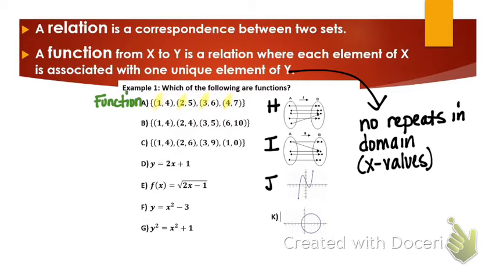What would you say for B? Yes or no? So let me go ahead and highlight the x values again. So if I'm looking, I got a 1, a 2, a 3, and a 6. Those are all different. So I would agree that that is a function.